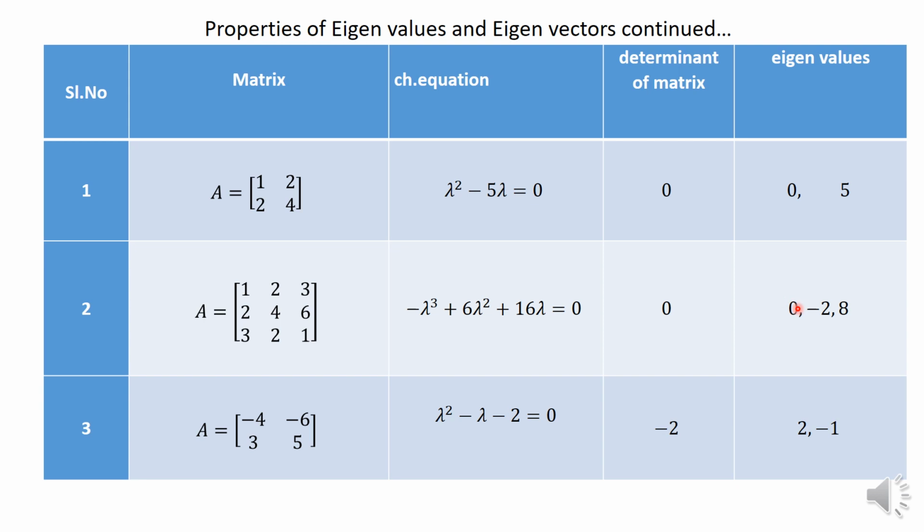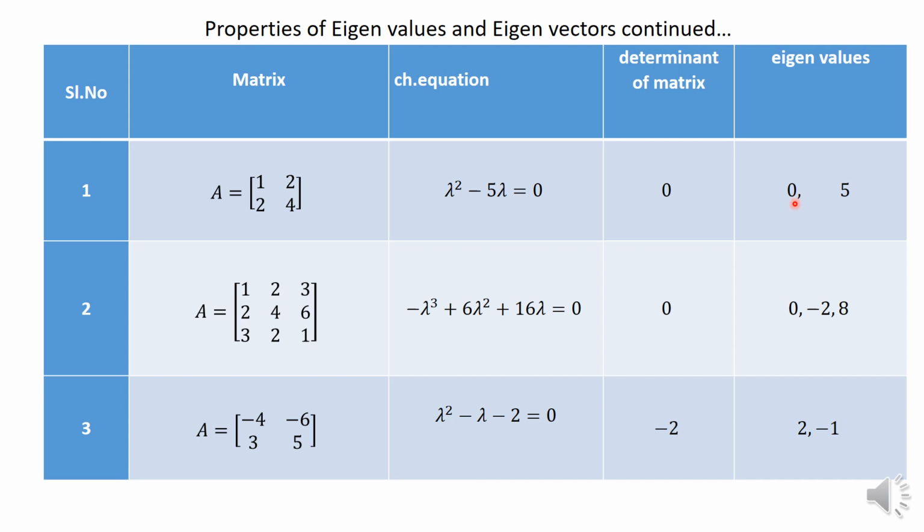So now my question is, when do I get 0 as the eigenvalue? Here 0 is the eigenvalue, here 0 is the eigenvalue, and here 0 is not the eigenvalue; the eigenvalues are non-zero. Is there any relation between a 0 eigenvalue and the determinant of that matrix? Yes, you are right.